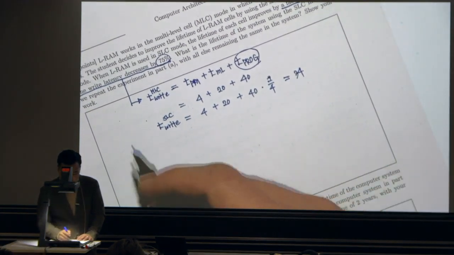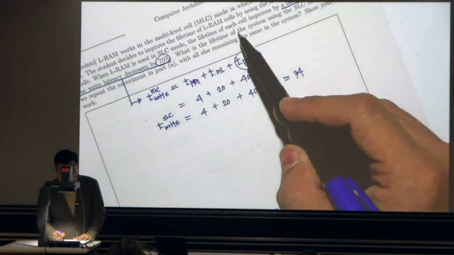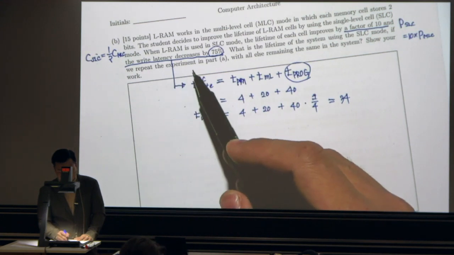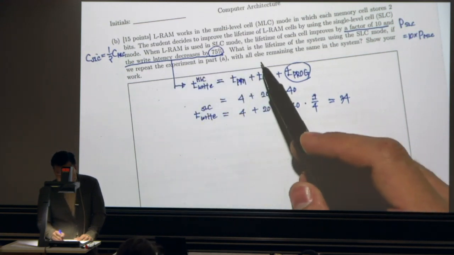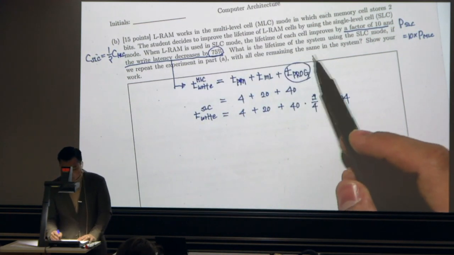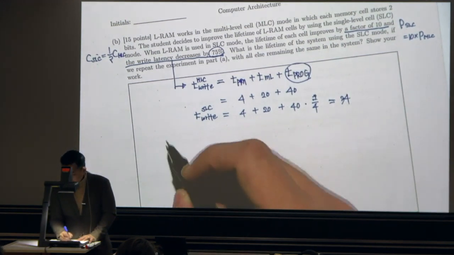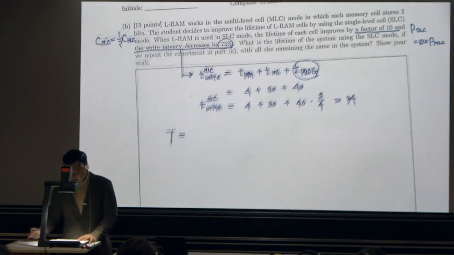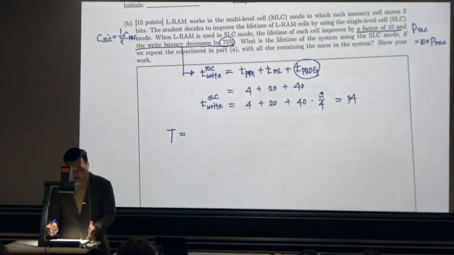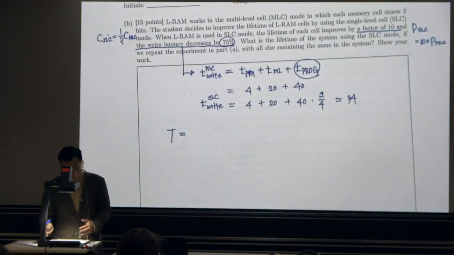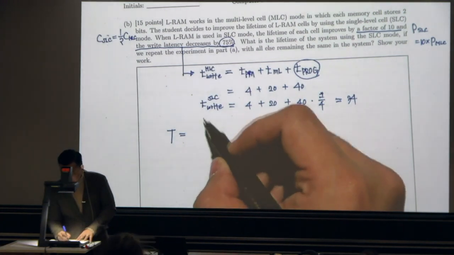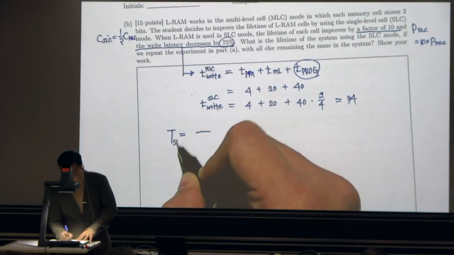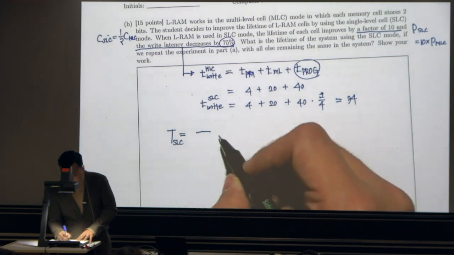And it is 34. And what is the lifetime of the system using SLC mode if we repeat the experiment in part A with all else remaining the same in the system? So again, we need to calculate the lifetime of this LM when it is used in SLC mode, and we can use the same formula here.